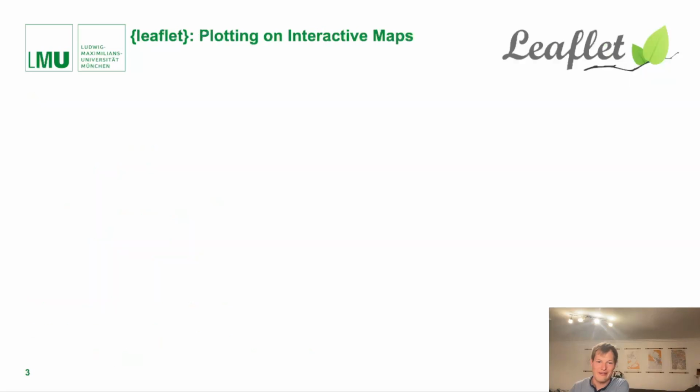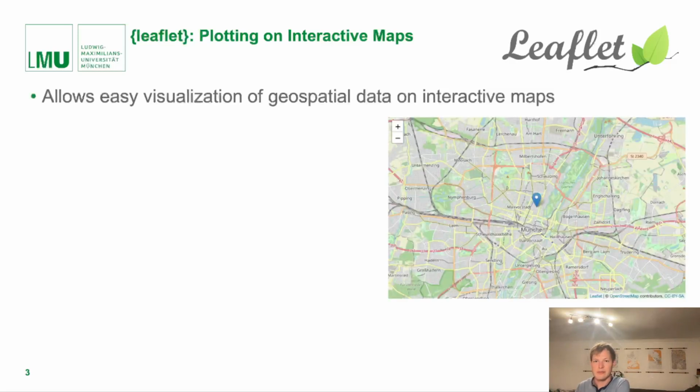Next up, we have Leaflet, and this package we'll definitely use. So if you're curious, you can already have a look at it. What Leaflet allows you is to do some very simple and easy plotting of interactive maps, and even beyond. You can just put up a map itself, and the nice thing is that, of course, not in this PowerPoint presentation, but if you do this in R, this map will be interactive. So basically, like Google Maps, you can zoom it, you can move it, and you can add points to it, like this one, and you can use data here to show these points.